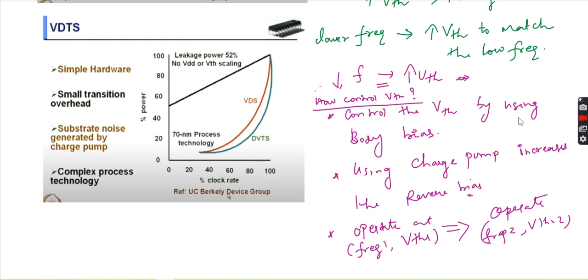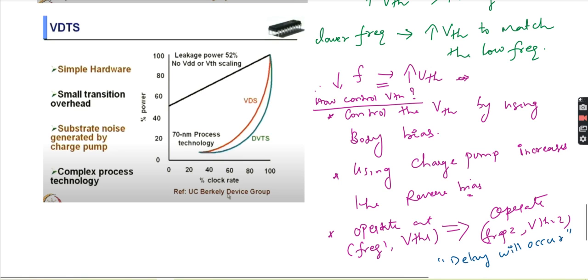Two different frequencies, two different voltages, then automatically the delay will occur if you do this. Here the power supply is also required to settle over a large time.